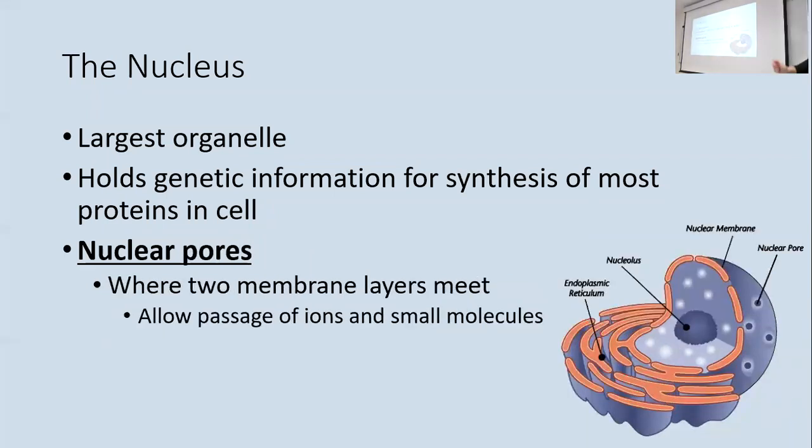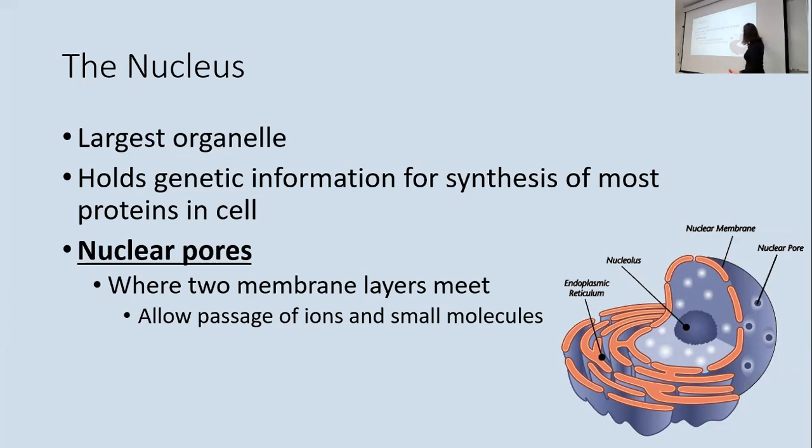All right, now, my nucleus is wrapped in 2 membranes, but there's little pores, right? So they're kind of little pinched in areas where the 2 membranes meet, right? Which allows ions and molecules as are needed to pass in and out of the nucleus, right? Because if we're synthesizing RNA in here, we're going to need ions and small molecules, and then we're going to want to pass those back out.